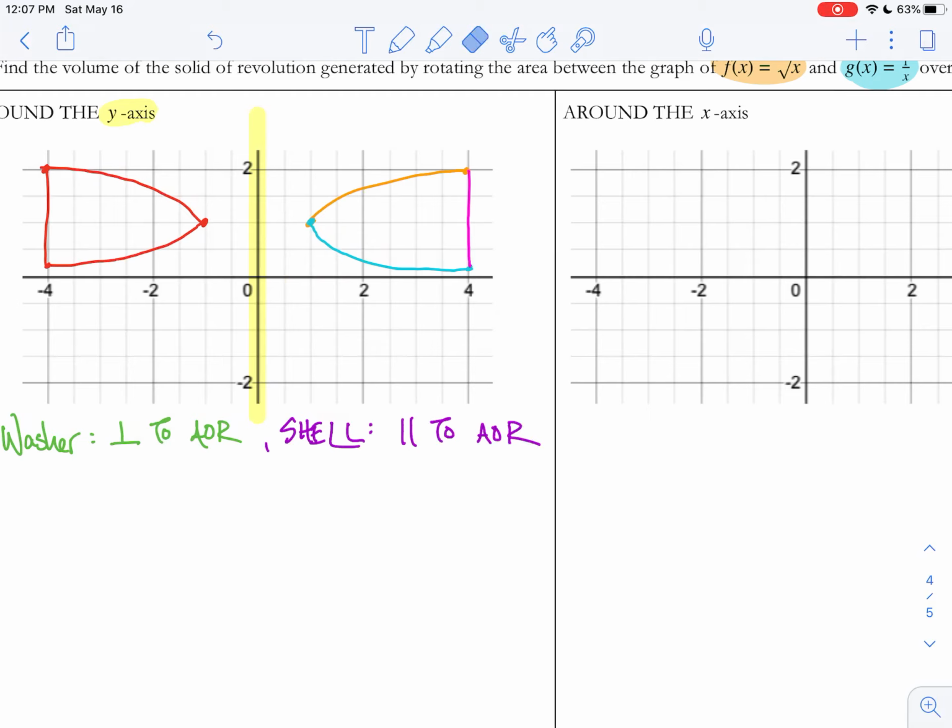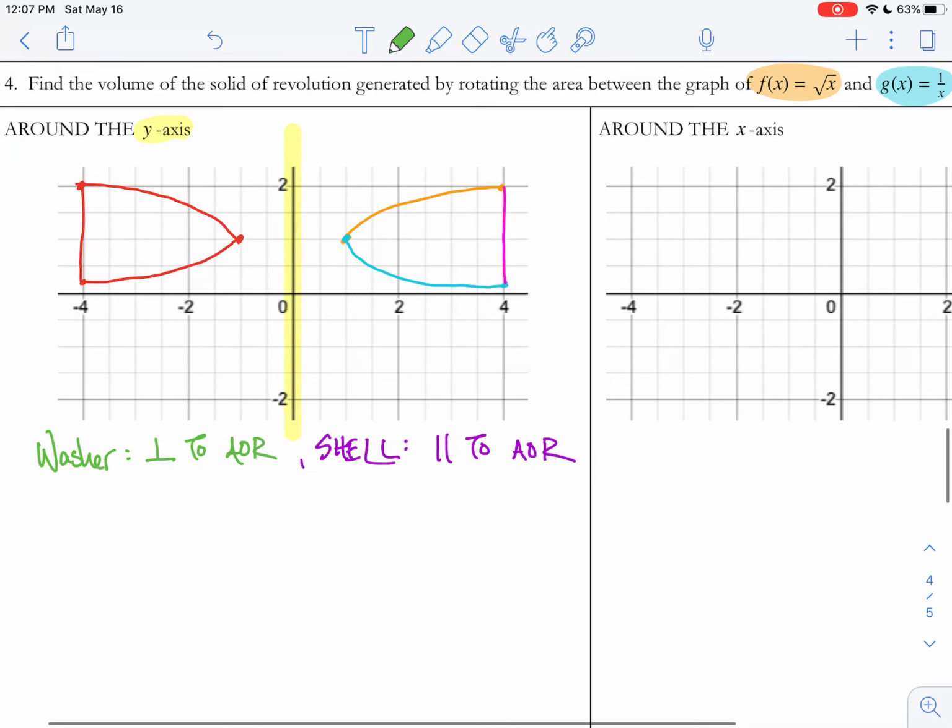Oops. Sorry, let's go back and erase that green line. That was not perpendicular. We want one that's perpendicular to the axis of revolution, so that might be like this one, or this one. And then the parallel to the axis of revolution might be one like this, or one like this.